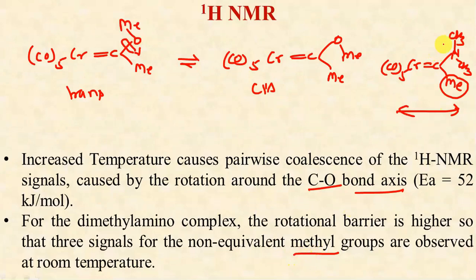So in this case the rotation is restricted, but methoxymethyl carbenes have free rotation with an activation energy of 52 kilojoule per mole. The carbon-oxygen bond can be easily rotated, forming cis and trans conformations, but in case of dimethylamine complexes, this rotation is restricted due to these two bulky groups.